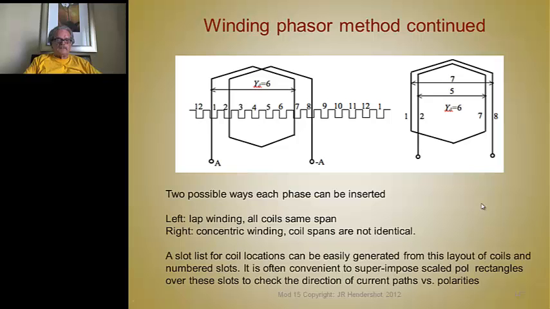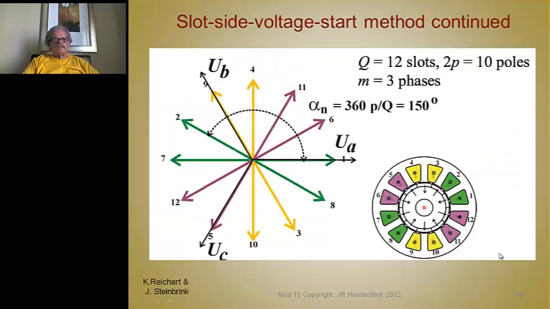So from this data, if you lay all the coils in here from the previous graph, then you can make a slot list, up-down or down-up list, for where all the coils go. Now this is Reichert and Steinbrink.